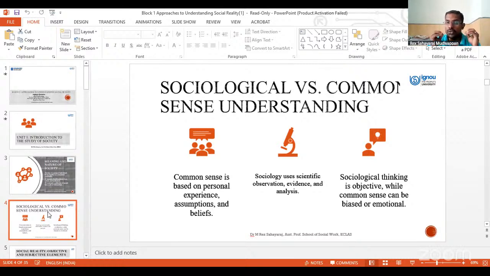But a sociologist uses scientific observation, evidence and analysis to gain deeper knowledge of how society is formed and how it evolves from one stage to another. Sociological thinking is objective, while common sense can be biased or emotional. That's what we learned in the previous class.